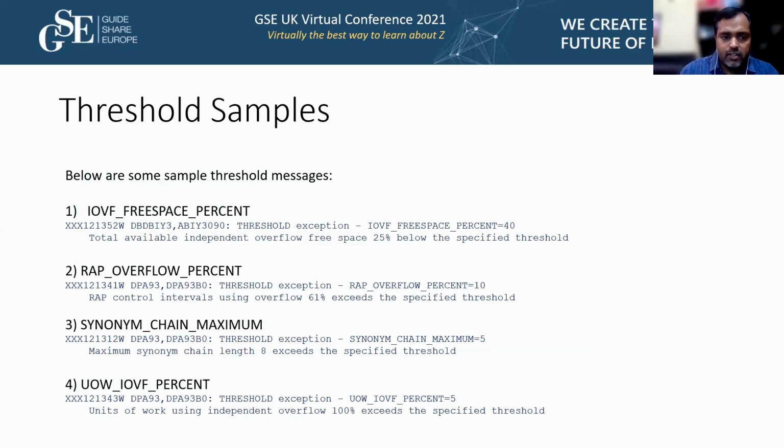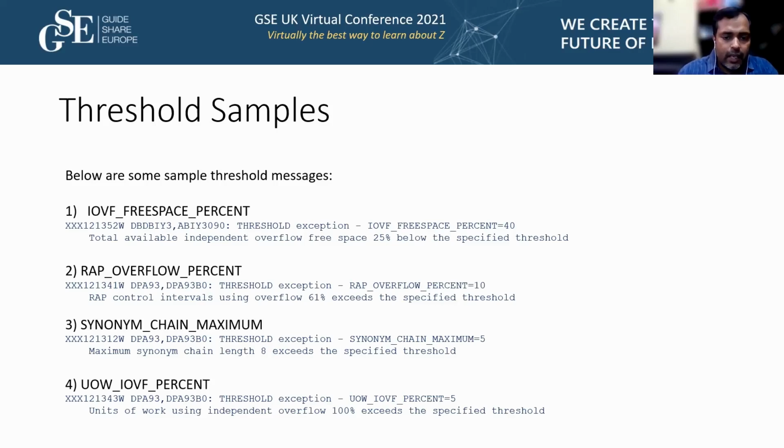For the first one, it says IOVF free space %. That means we want to maintain at least this much free space in our DEDB. For example, IOVF free space % is 40 in this case. It says that if the free space in the IOVF reduces below 40%, then you will get an exception, in this case because total available independent overflow is below 40%.